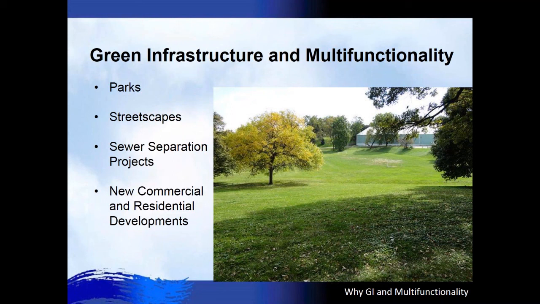And then new commercial and residential developments, often the regulations require that, and it's with new building that the opportunity exists to incorporate green infrastructure and additional functionality within those landscapes.